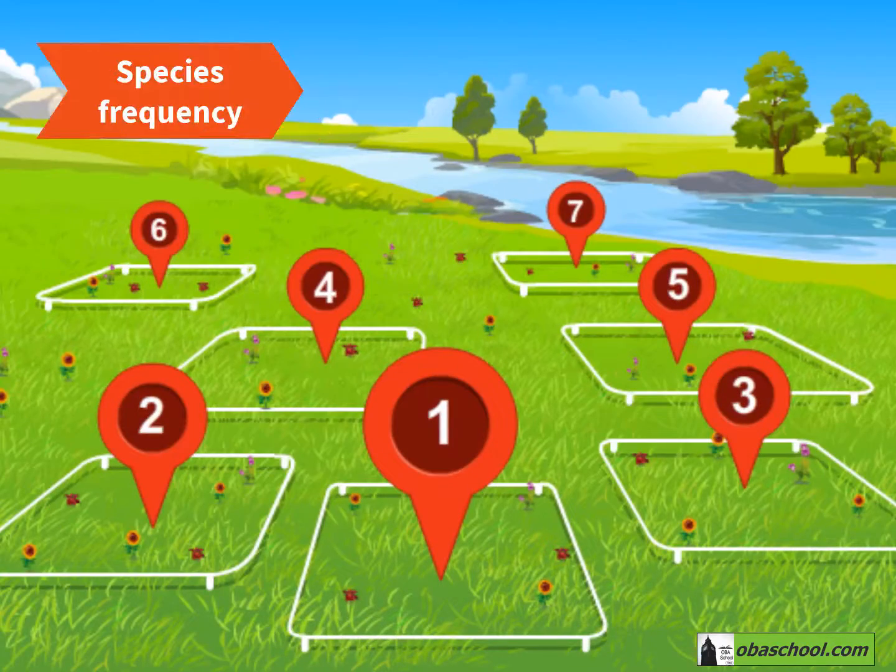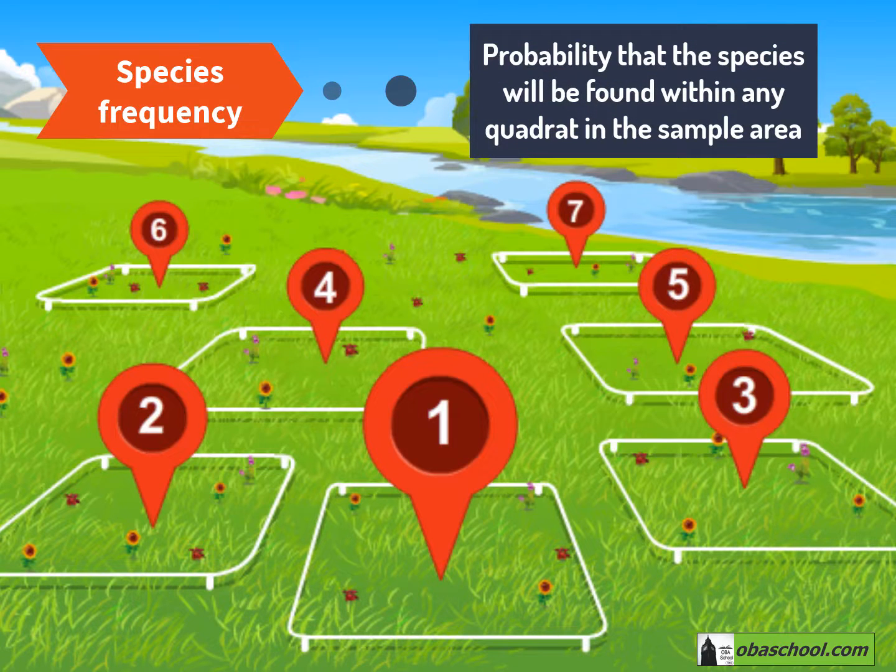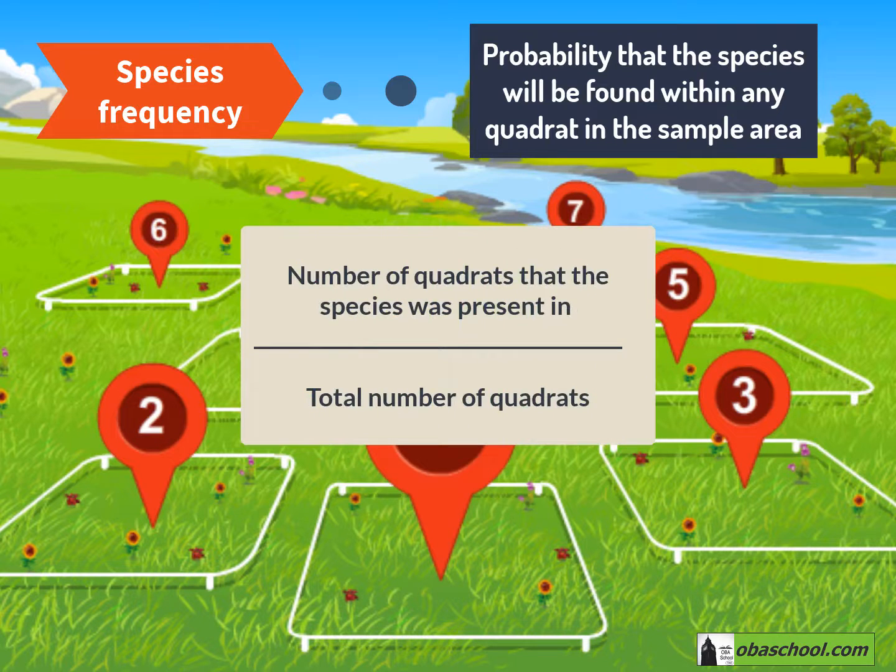Species frequency is the probability that the species will be found within any quadrat in the sample area. It can be calculated by the number of quadrats that the species was present in, divided by the total number of quadrats, and then multiplied by 100.